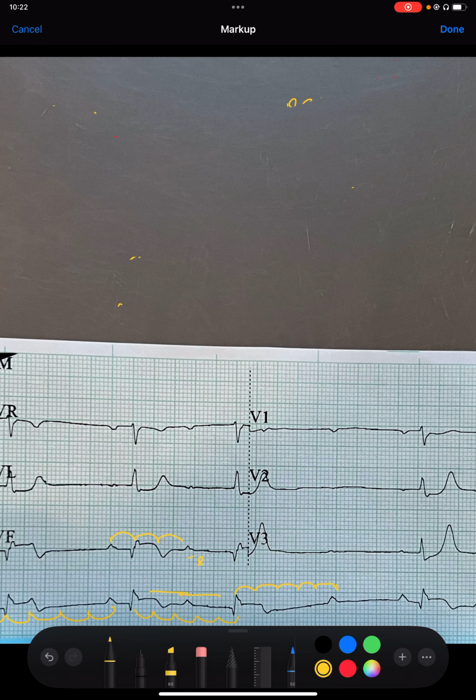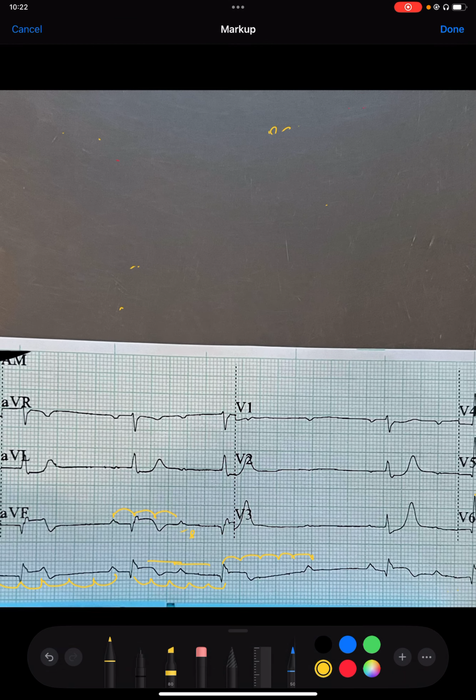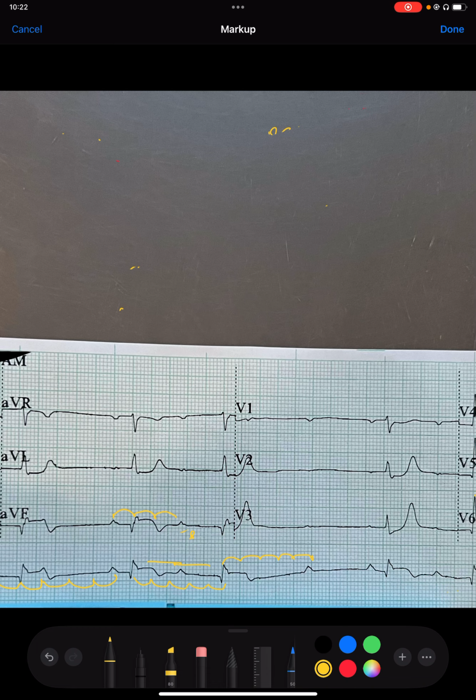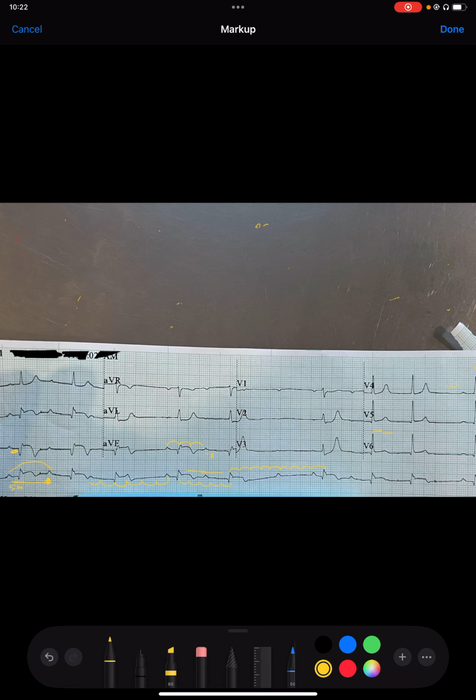There was supposed to be one QRS, but that QRS is completely dropped. There is no QRS there. And yet again, one, two, three, and four, 4.5. So basically, this is not a perfect complete heart block, but it is a varying heart block where there is one significant component of complete heart block.